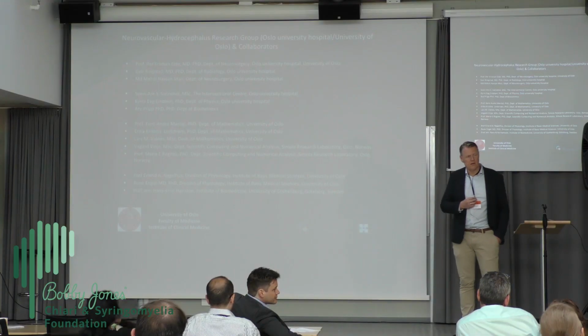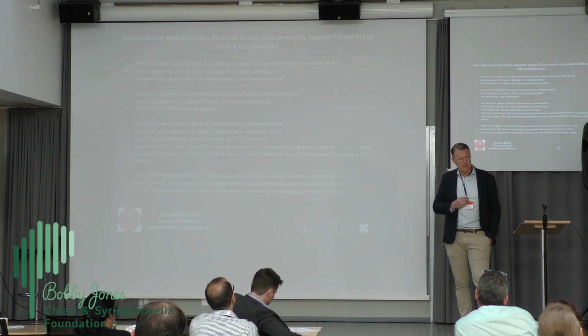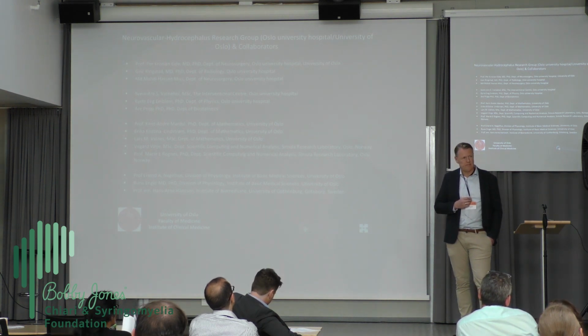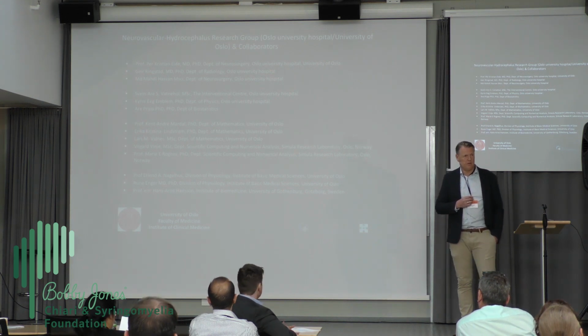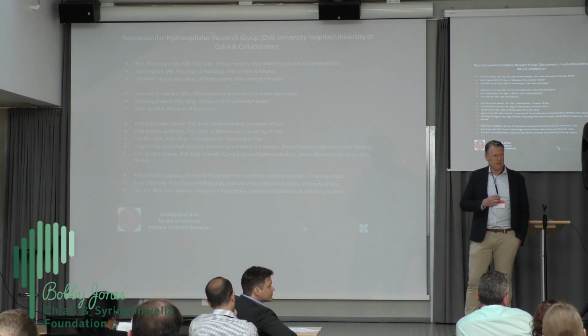Is it a sign of that as well? And the end question would be, how do you interpret your data? Is it a sign of convection, as you said, with a pressure bulk flow driving this also into the parenchyma, or is it a sign of much more mixing in the hydrocephalus?